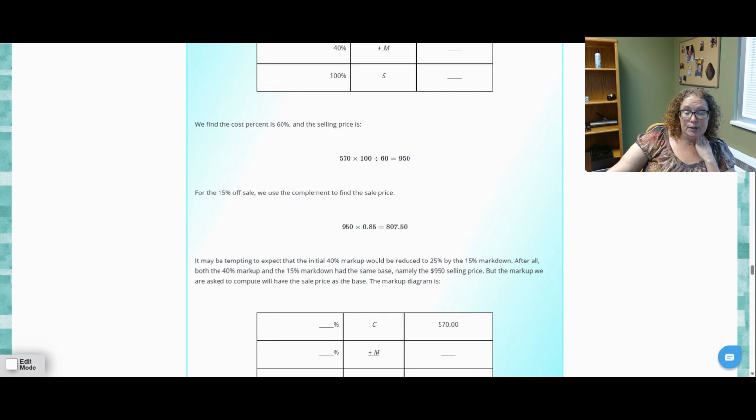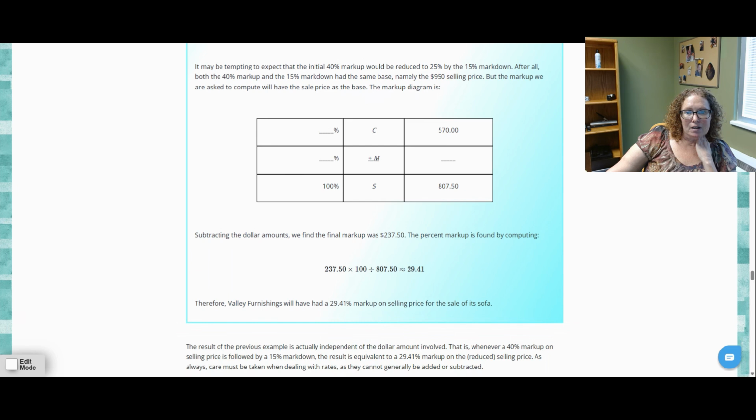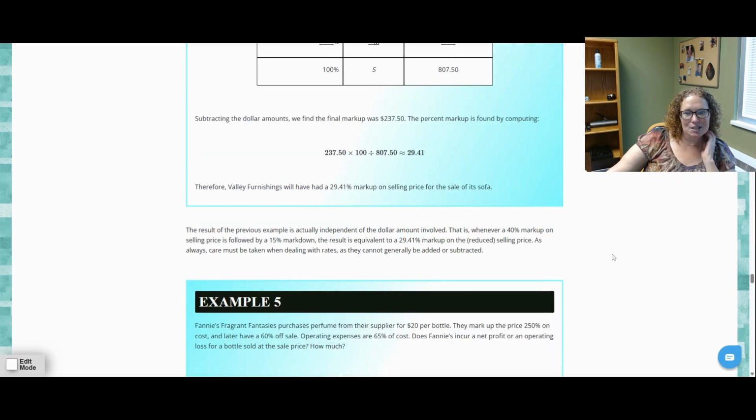Then we get 950. And then for the 15% off sale, we use the complement and we get 807.50. Then subtracting the dollar amounts, we found the final markup was $237.50. And then we compute the percent markup, which ends up being about 29.41%.